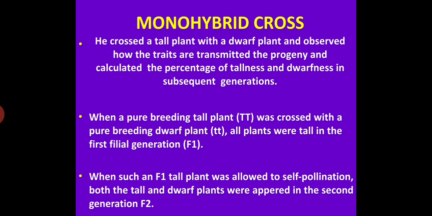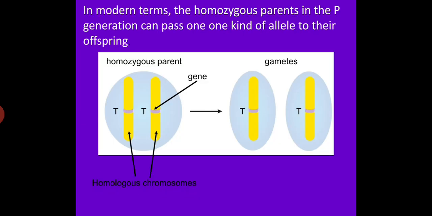When a pure breeding tall plant was crossed with a pure breeding dwarf plant, all the plants were tall in the first filial generation. When such F1 tall plants were allowed to self-pollinate, both tall and dwarf ones appeared in the second generation. In modern terms, the homozygous parents in the P generation can pass one kind of allele to their offsprings.